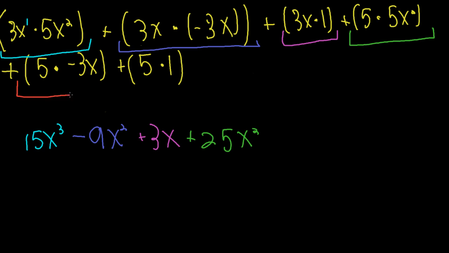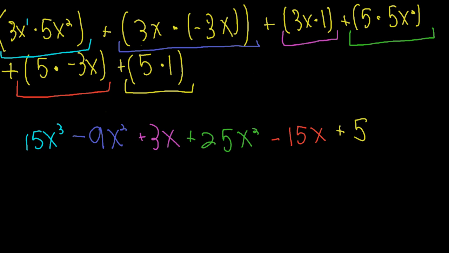Then we're going to use this term, so I have 5 times negative 3x to get me negative 15x. Finally, let's see, we're running out of color. I'll just write in yellow. We have 5 times 1, so plus 5.